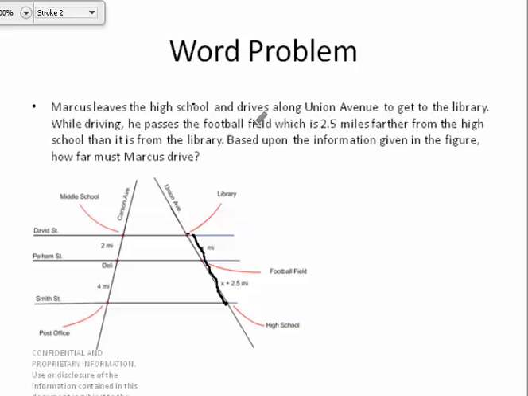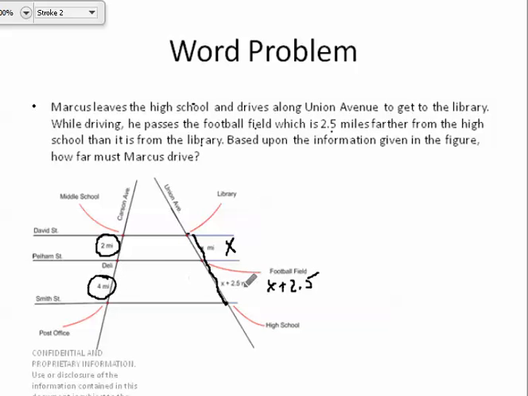While driving, he passes the football field, which is 2.5 miles further from the high school than it is from the library. Well, they're showing it down here that if this is the x distance here, this one here is going to be x plus 2.5 miles. Okay? Now the interesting thing is over here on this other side, they told you that this distance was 2 and that this distance was 4.